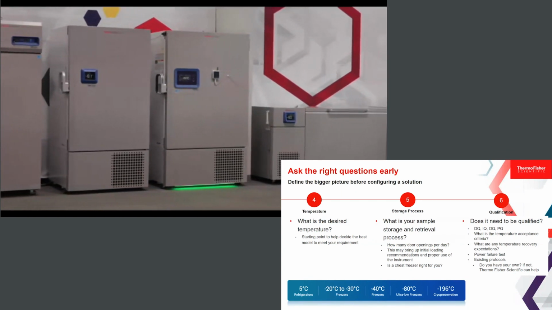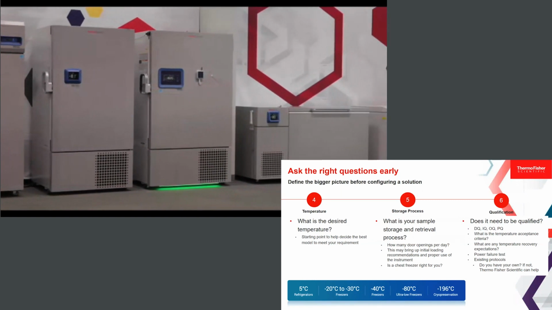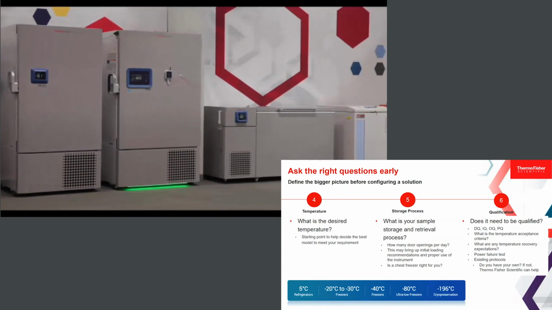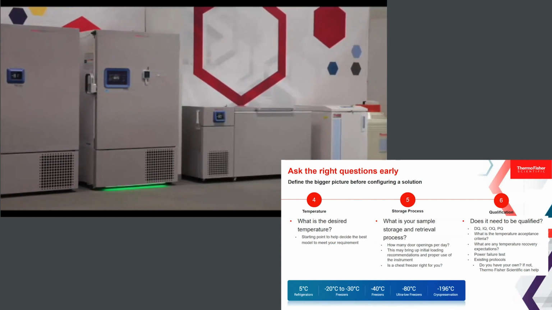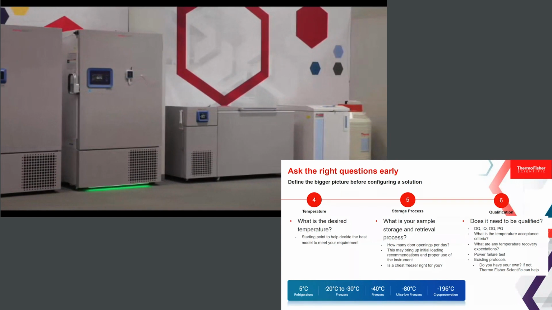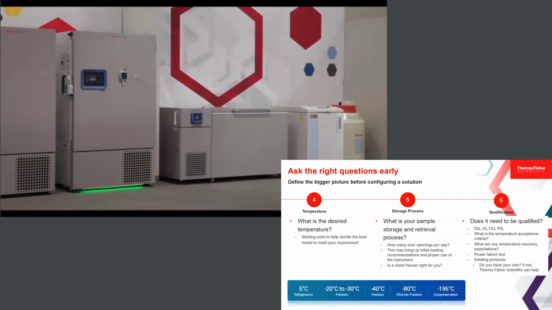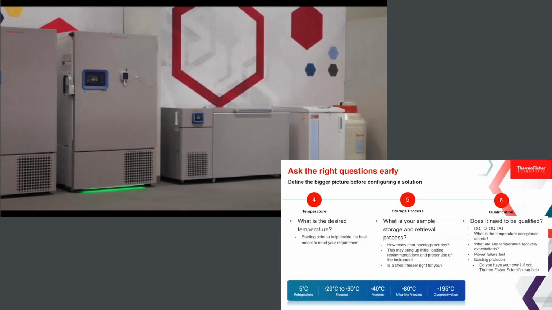And then one other thing when we think about temperature is what's acceptable for a range of performance around that set point temperature. And so we've included in the resources a really nice technical note on the peak variation. I encourage you to have a look at that because it is important to think about what you're buying, the performance that it is offering within a certain range, and what your samples or your reagents that you're storing within that unit can handle from a variation standpoint.